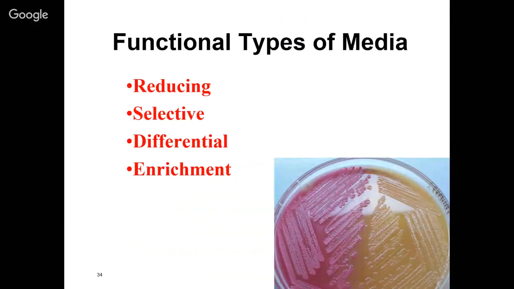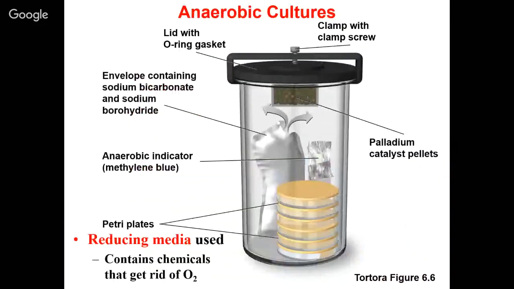Okay, so here we go. Reducing, selectivity, differential, and enrichment. So anaerobic cultures use reducing media to get rid of O2. In this case, the reducing agent is this envelope containing sodium bicarbonate and sodium borohydride, and that stuff.